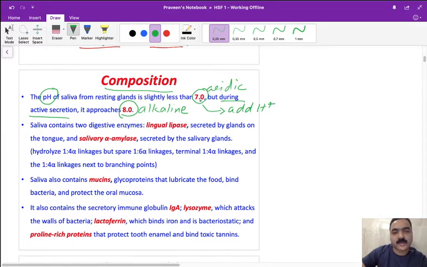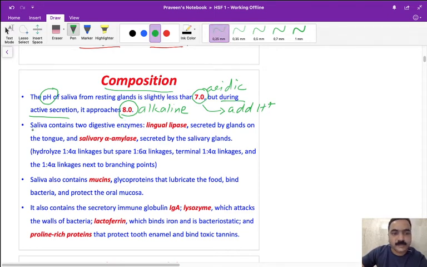Even though 7 is neutral, for us the plasma pH is 7.4, so this is more acidic. The alkaline pH is due to the lack of time for modification by the intercalated duct when it is actively being secreted.